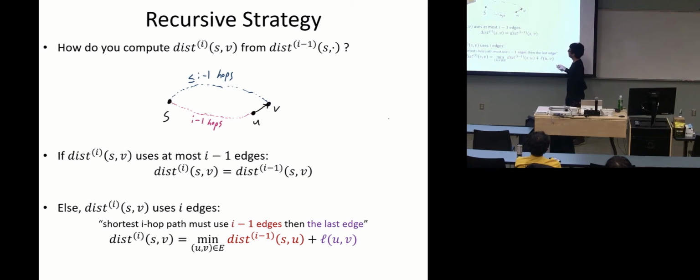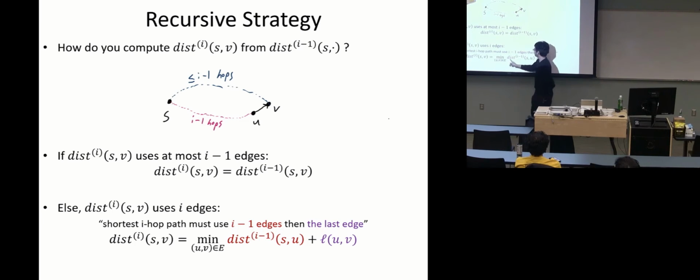So what you do is just look at all incoming edges to V. It can be U to V, right? And you know that to go to V, it must be a path of length i minus 1 hops to U. So how would you go to U? You just go to U in the best way.